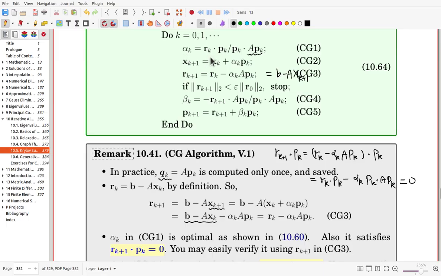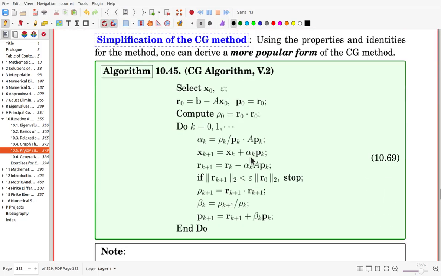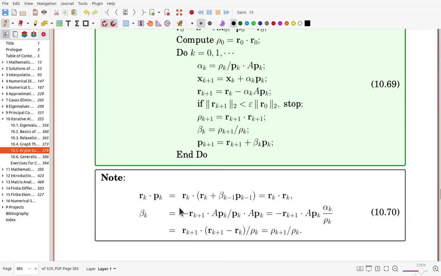And for this term, we can simplify in this way. r_k p_k. Now p_k is from this one. Once k plus 1 is replaced by k, then there must be r_k and beta_{k-1} p_{k-1}.